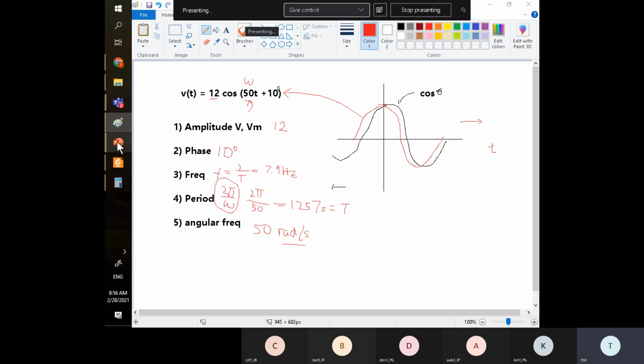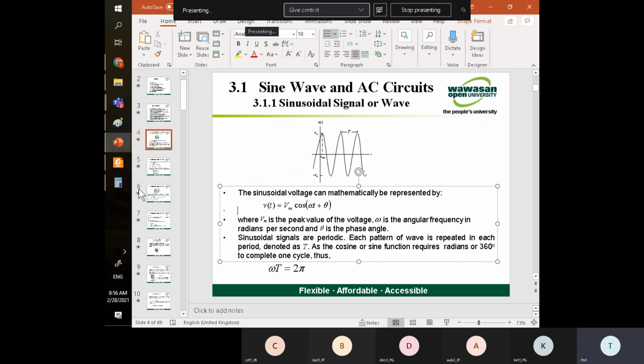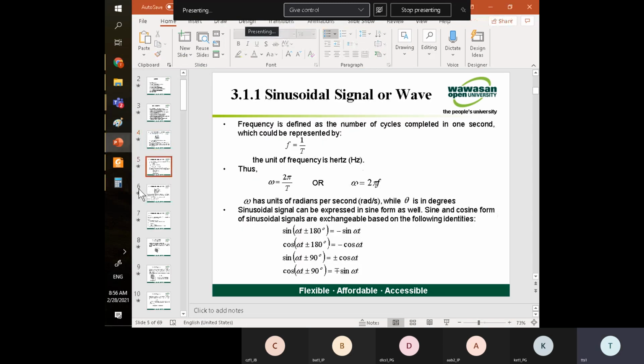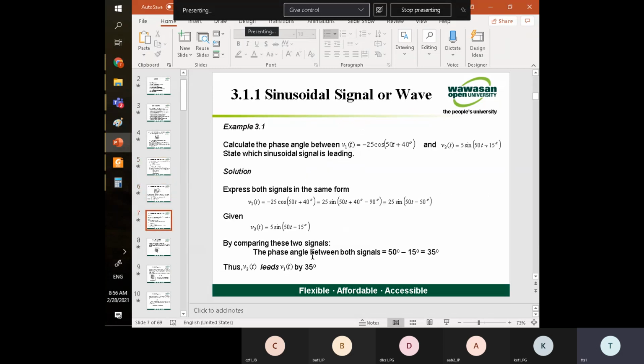Okay, let's go back to one more example. It's quite important. Now I'll try to explain this part here. Let's look at this example.